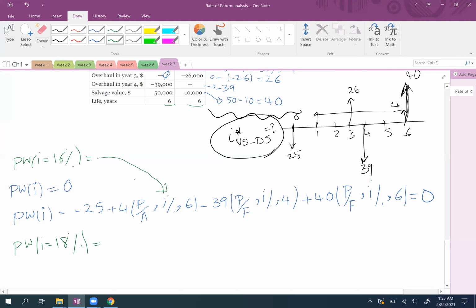If I plug in I equal to 16% and I equal to 18%, and finally do the interpolation, you will see that the value of I star for VS minus DS will be 17.4%, which is greater than the minimum attractive rate of return in this example, which is 15%.